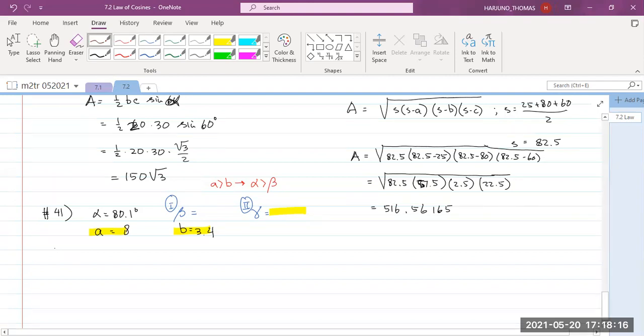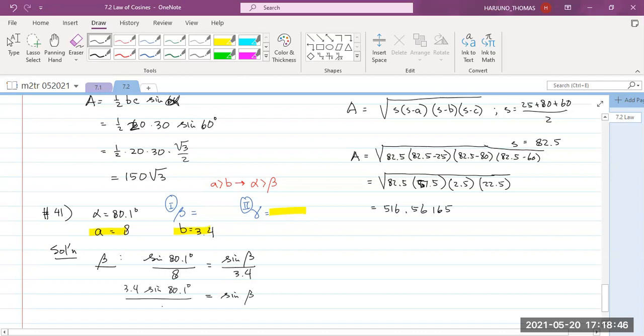Now let's work this out. Solution. We'll first find beta. Sine 80.1 degrees over 8 equals sine beta over 3.4. So sine beta is 3.4 sine 80.1 degrees divided by 8.